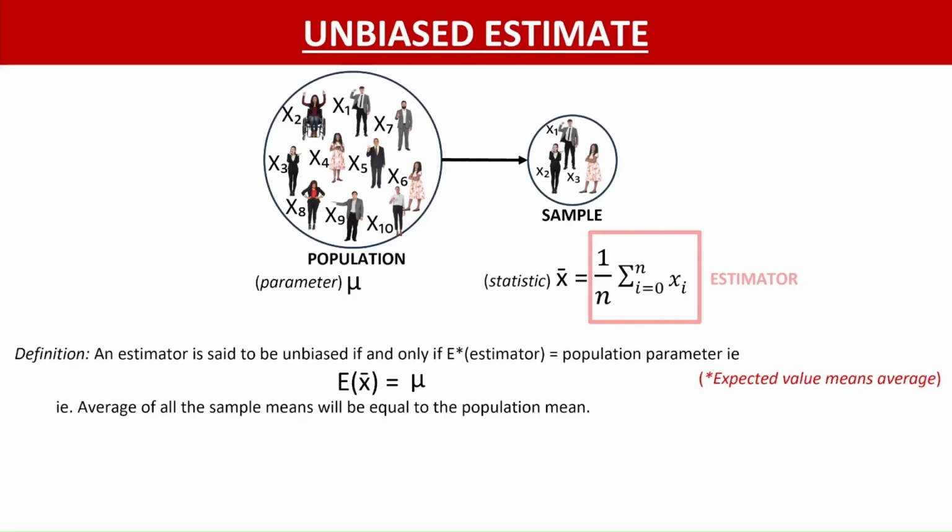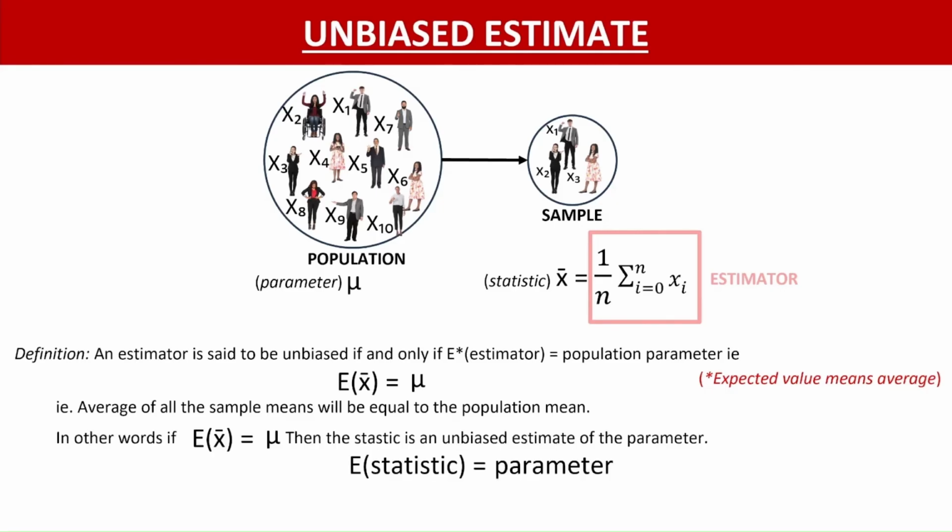Thus, we will be able to get the population mean by calculating the expected sample mean. In other words, if the expected value of the sample mean is equal to the population mean, then the statistic is an unbiased estimate of the parameter. So the expected value of the statistic is equal to the parameter in case of an unbiased estimate. This is what is called an unbiased estimate.